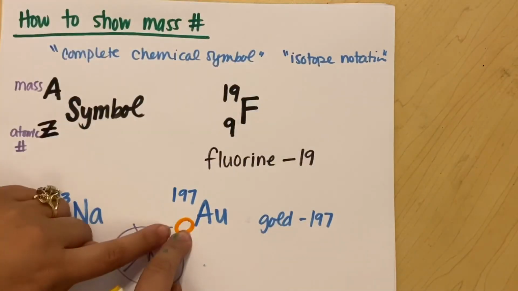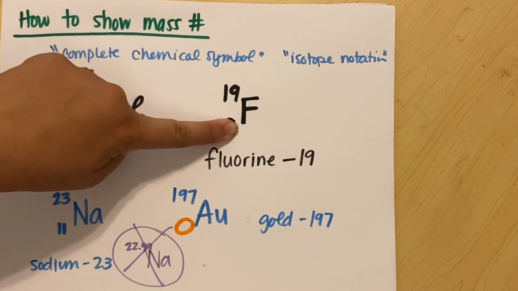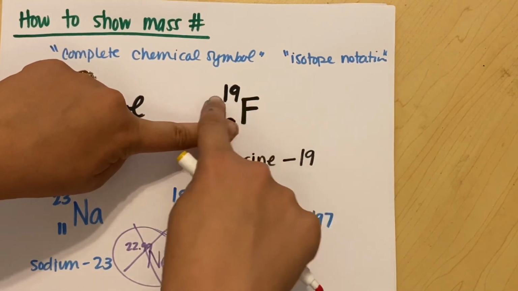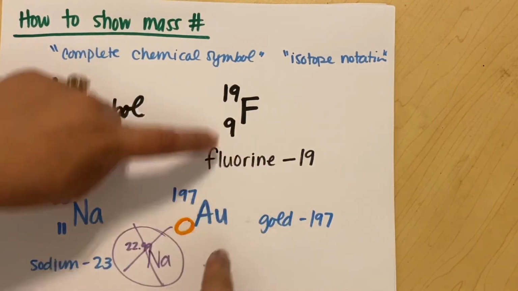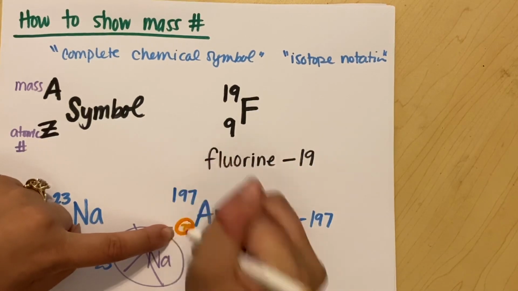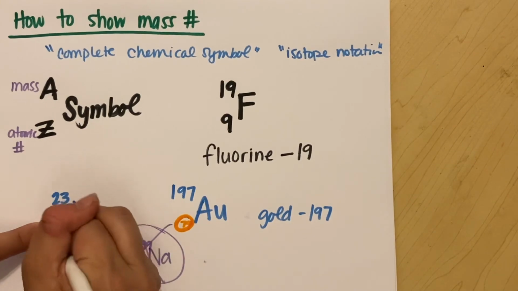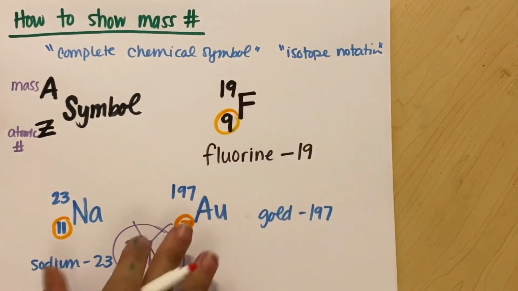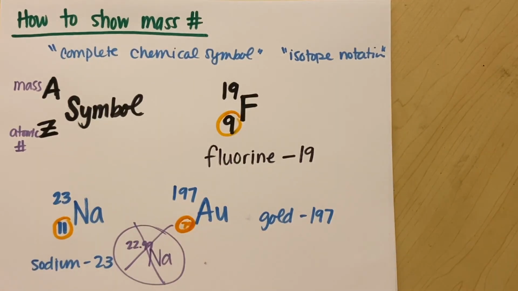So you might have the atomic number not showing, and it might just show you that this is fluorine 19 without putting the 9, because fluorine has to have a 9 as the atomic number. Gold would have to have the 79 as the atomic number. Sodium has to have the 11. So these numbers right here are not as crucial as showing the actual mass number. Hopefully that helps. There you go, mass numbers.